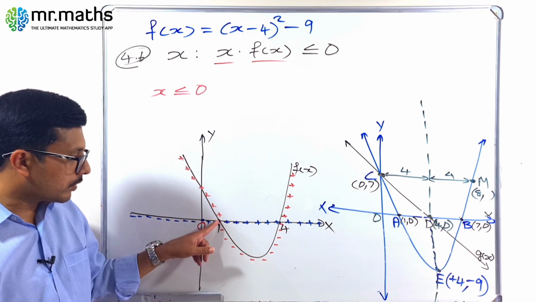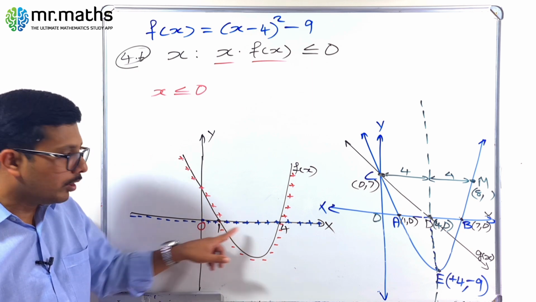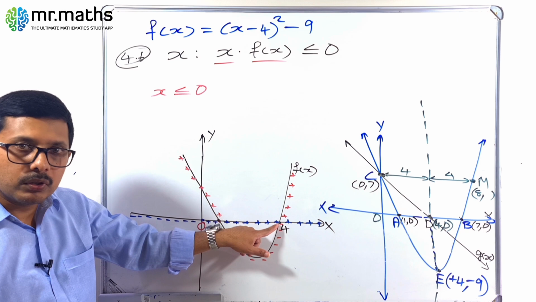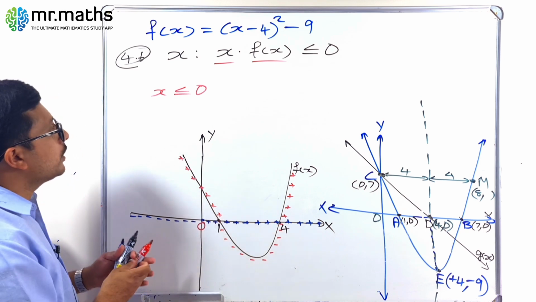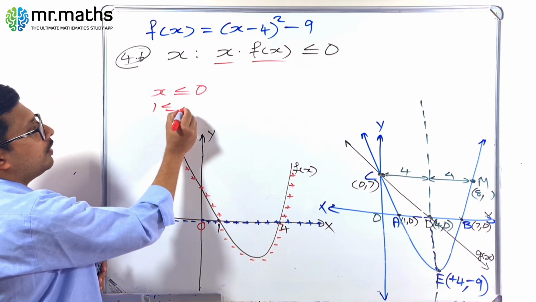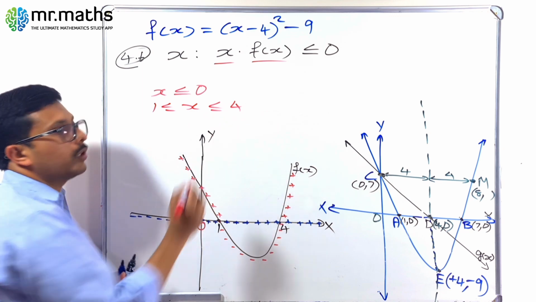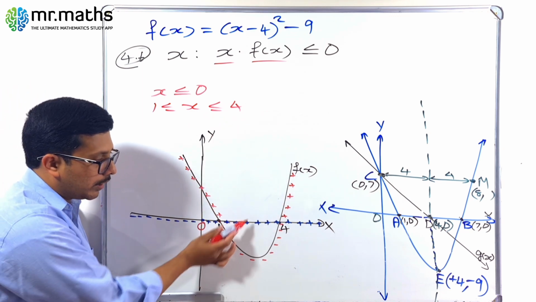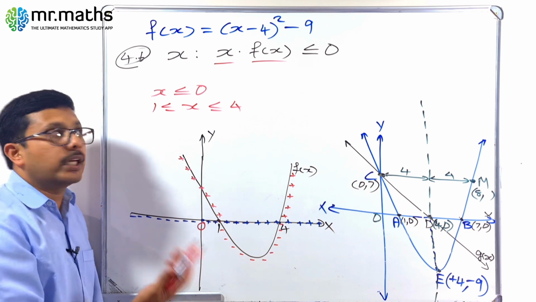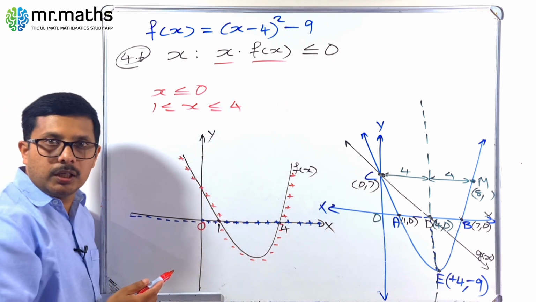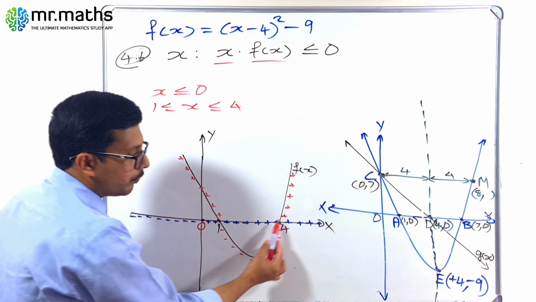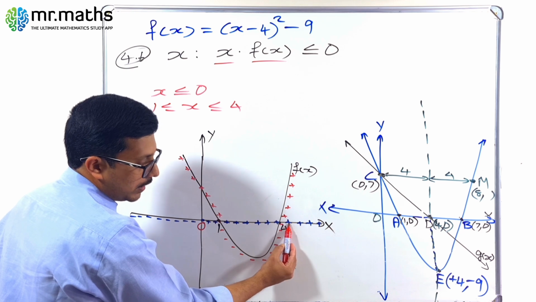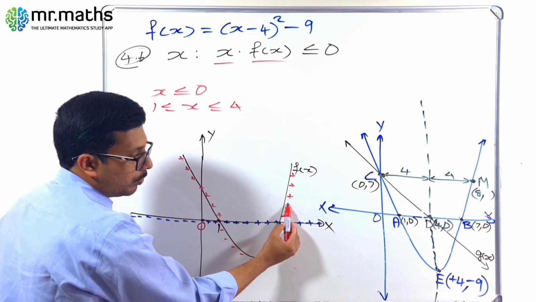From which x value? From x value 1 to which one? 4. Am I right? So between 1 and 4, if you multiply x and f of x, positive times negative, you will get a negative value. But what about after 4? After 4, this is positive, this one is also positive.